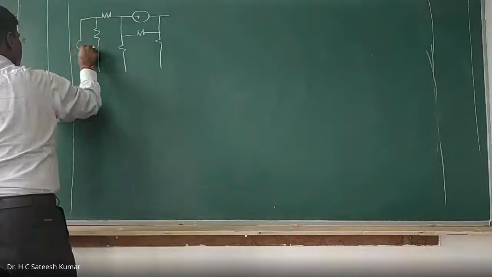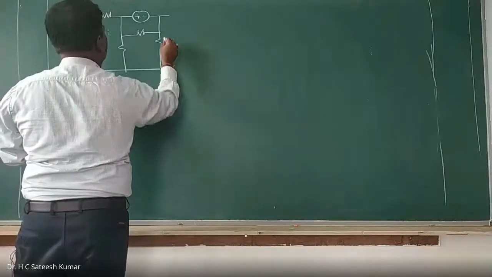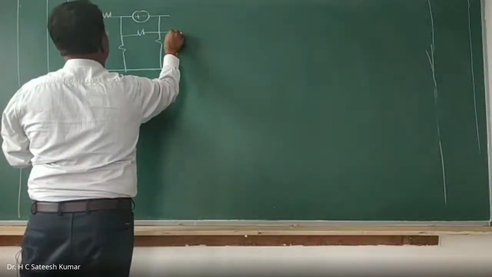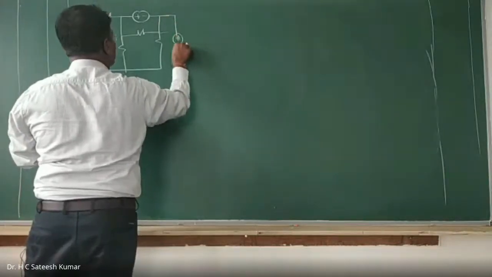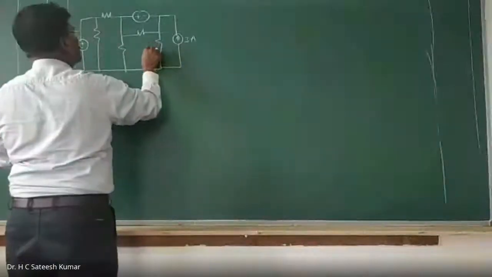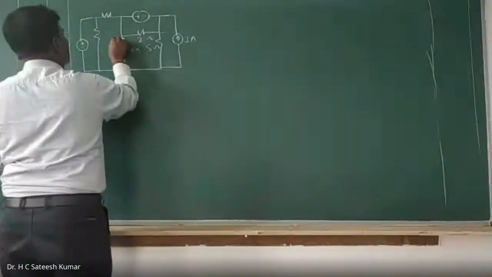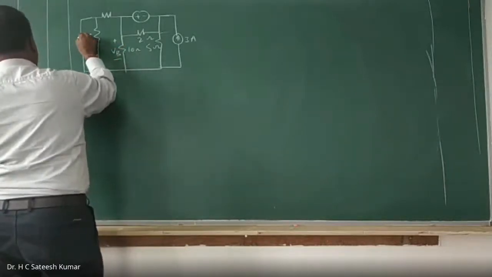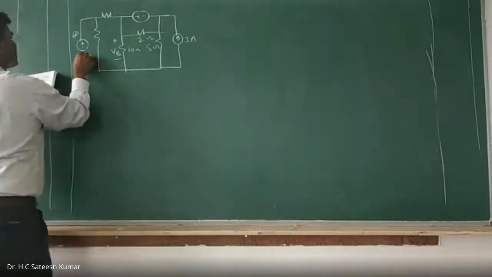Current source plus minus, and the current source here. This is 3 amps, 5 ohms, 2 ohms, 10 ohms, plus minus VB, 6 amps, and one more resistor is there here.